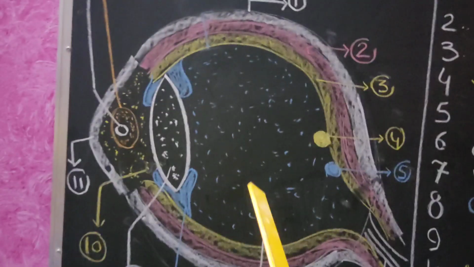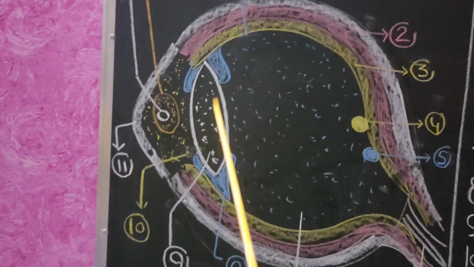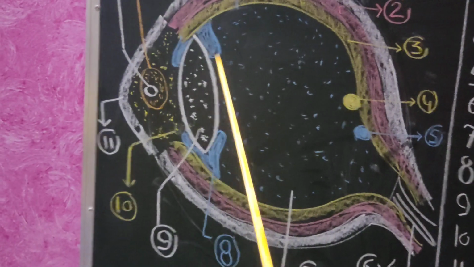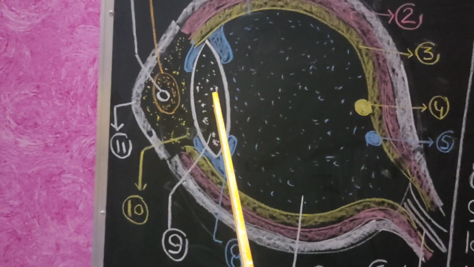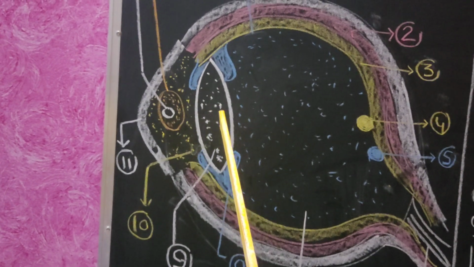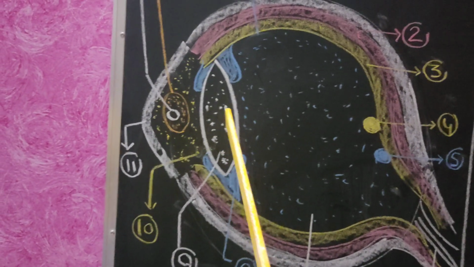And then number 7. So in the eye, we can see another important part that I have drawn like this. This is a lens, a muscular lens, not the type of lens which we usually wear in spectacles or glasses.